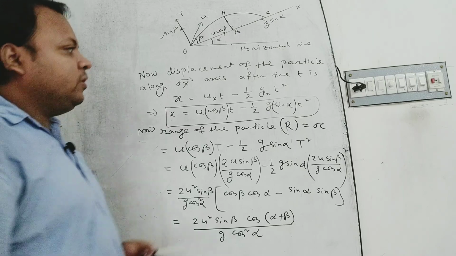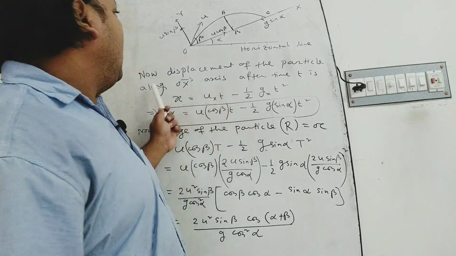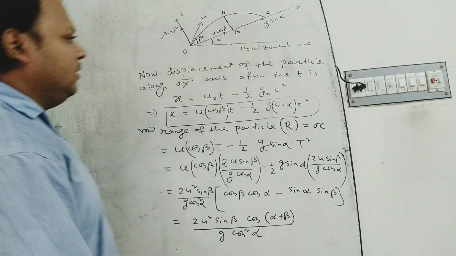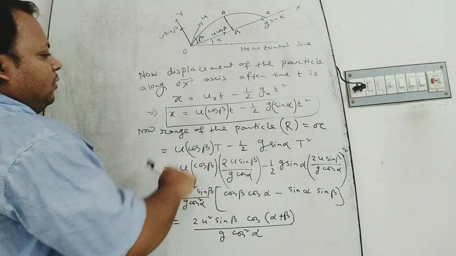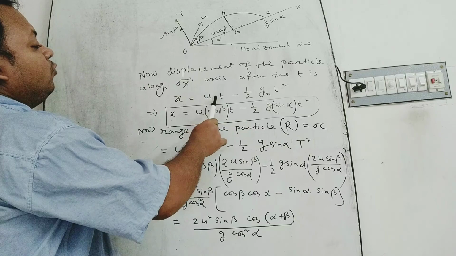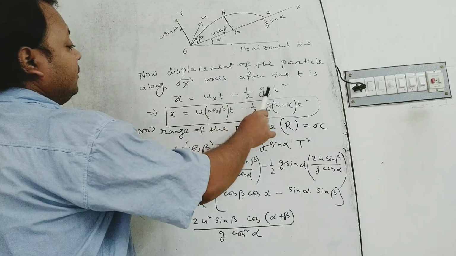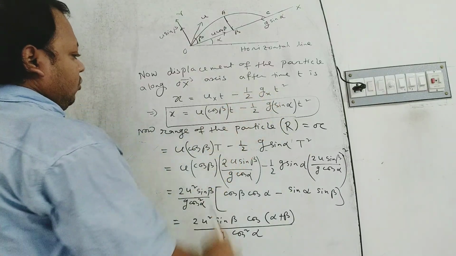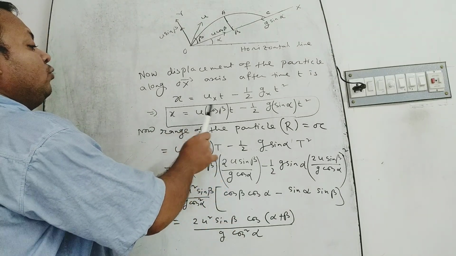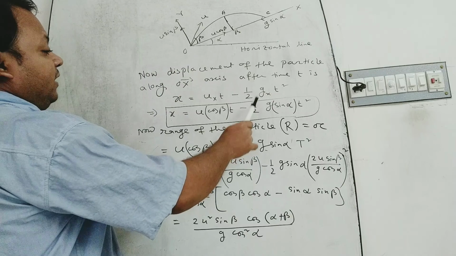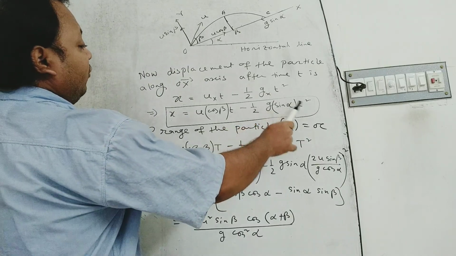Now the displacement of the particle along the OX axis after time small t is x is equal to Ux t minus half Gx into t square. This gives x is equal to u cos beta into t minus half g sin alpha into t square.